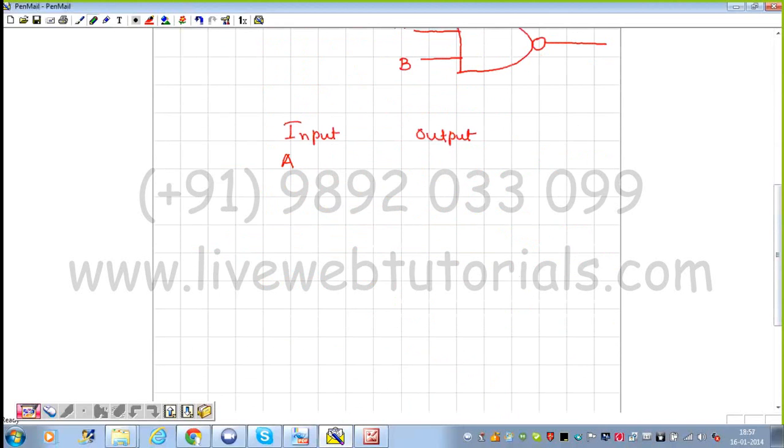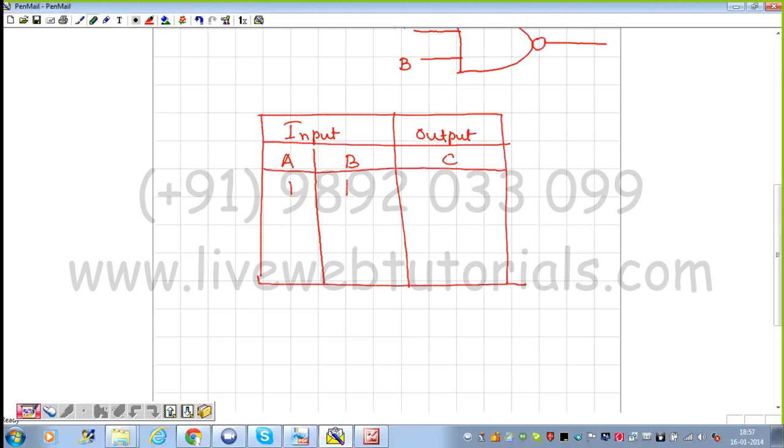A and B are your inputs, C is your output. So 1 1, 1 0, 0 1, 0 0. We'll just make reverse of this. This is going to become 0, the rest all part is going to become 1. This is the truth table for NAND gate.